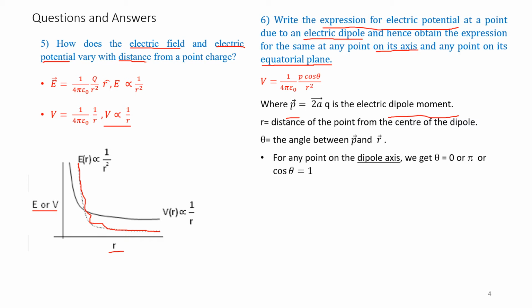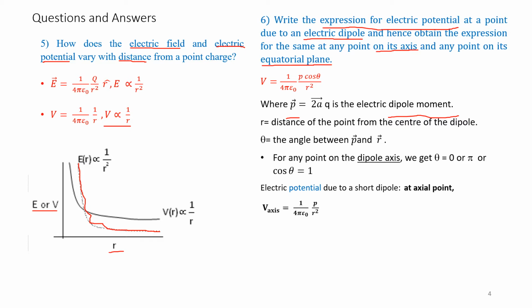And now the second part, axis. He has asked for a point on the axis. When the point lies on the dipole axis, we get theta is equal to 0 or pi, so cos theta is equal to 1. That means we substitute cos theta as 1, that is cos 0 or cos pi.